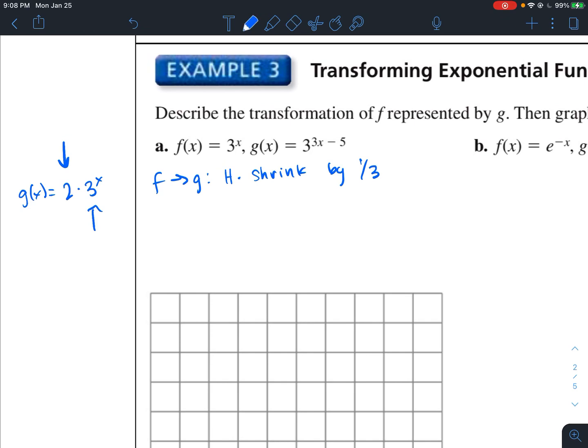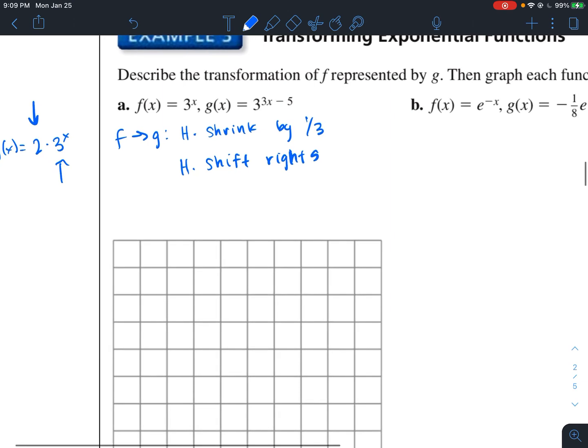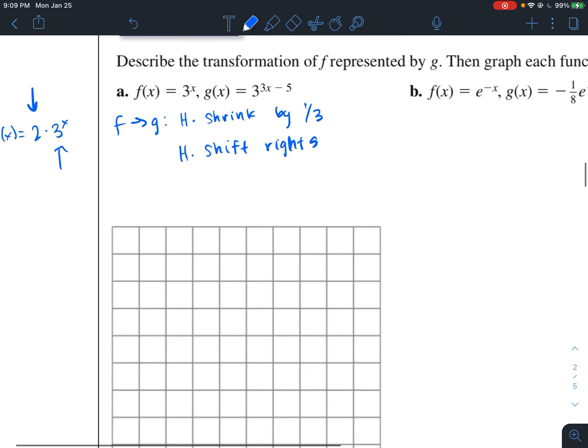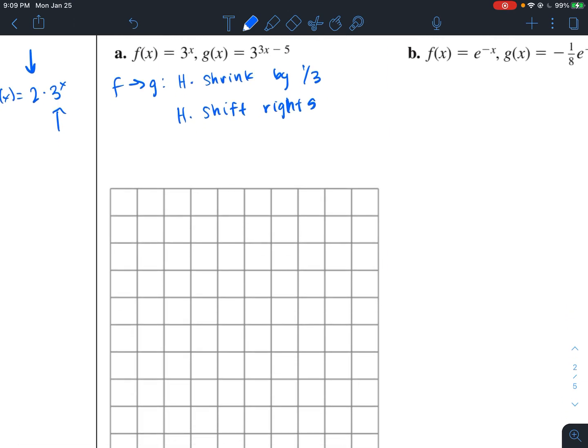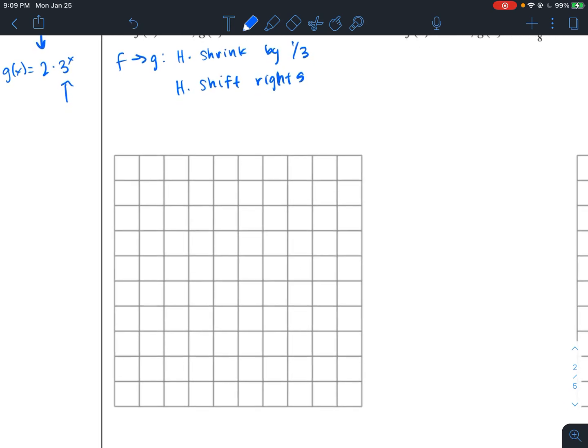Now the other one here, so we have subtract by 5. Again, that's going to be a horizontal translation. This is just like the ones that we talked about before. So horizontal shift, and because it's minus, you're going to go right 5 units. Okay. So these are the two transformations that we see for the function f of x is equal to 3 to the x power.